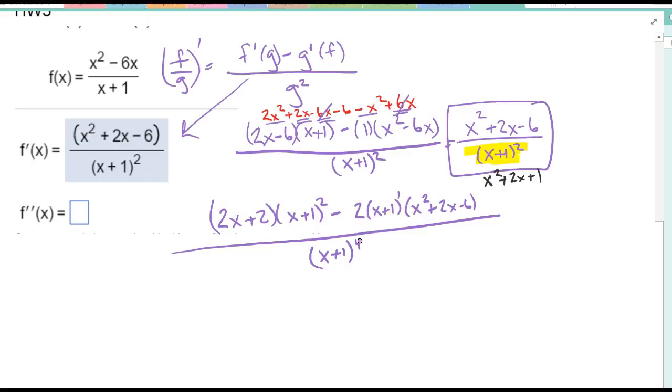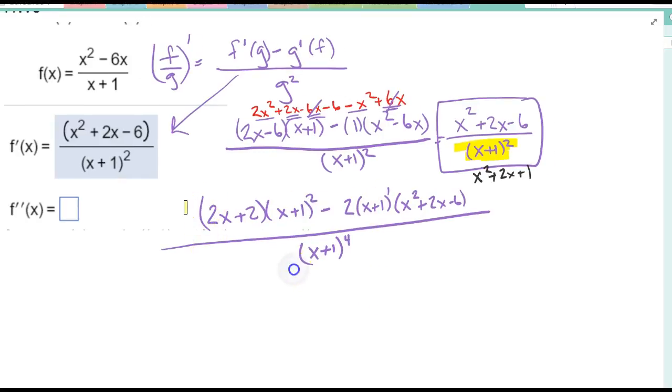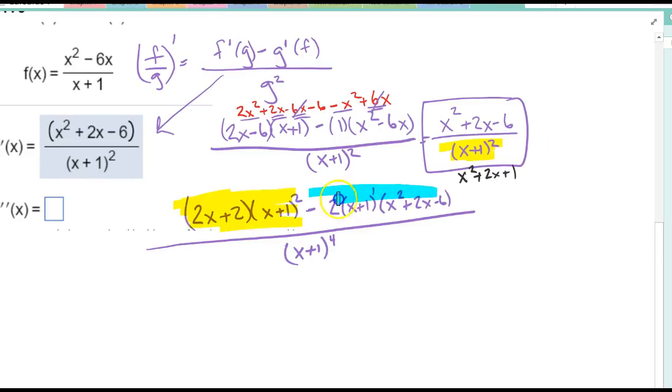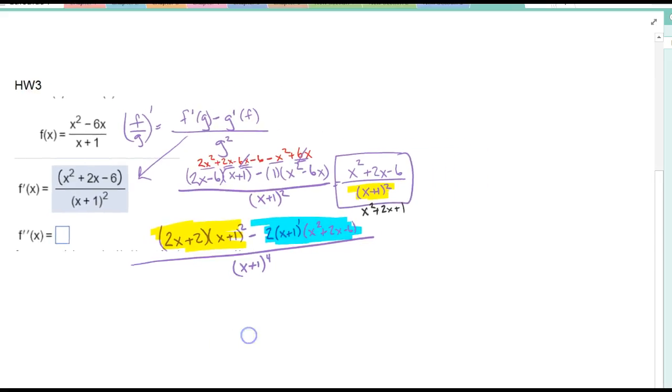The benefit of using the chain rule here is you can see I can factor out an x plus 1 in both these terms, right? So just kind of highlight, this is one term, and this is another term. So I can factor out an x plus 1. Algebraically, it's going to make simplifying easier.